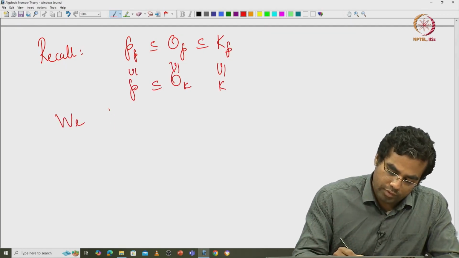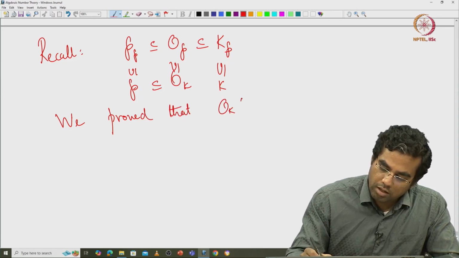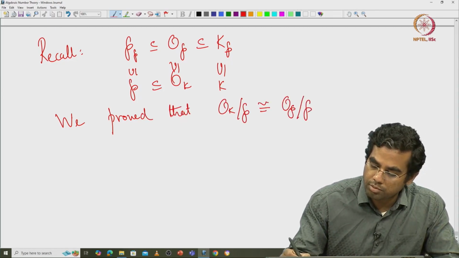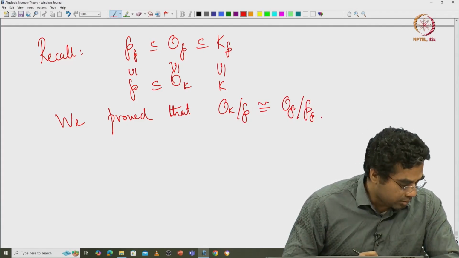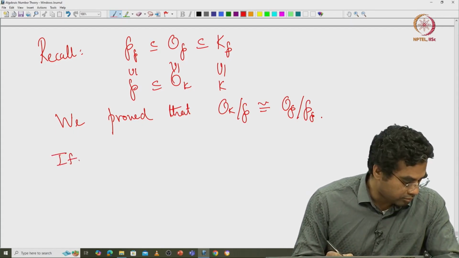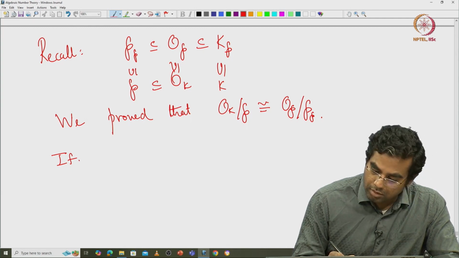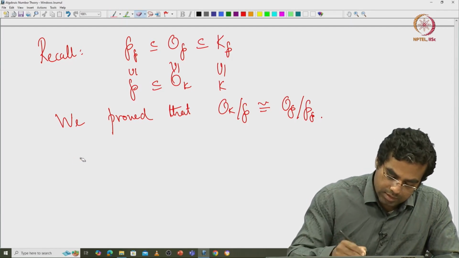And we proved that OK mod P is isomorphic to OP mod P sub P. Okay. In particular, so let me give the following as an exercise.